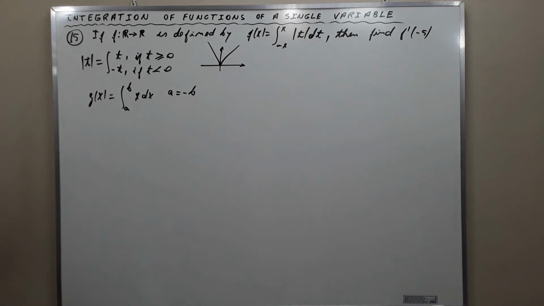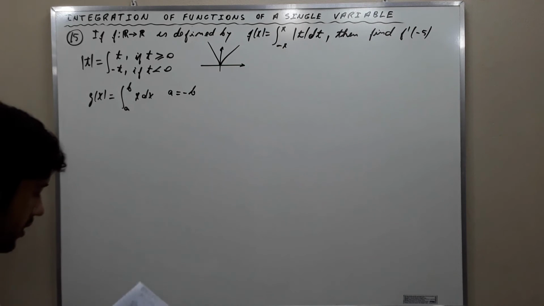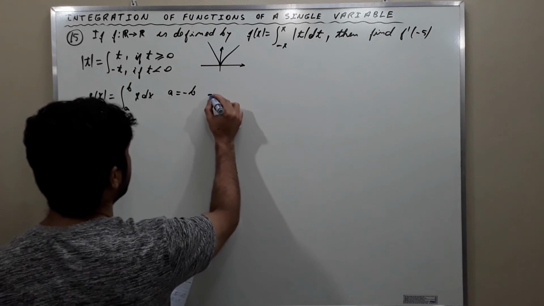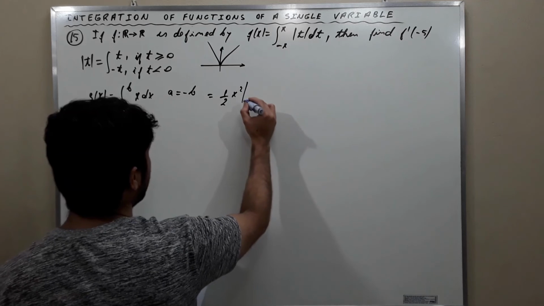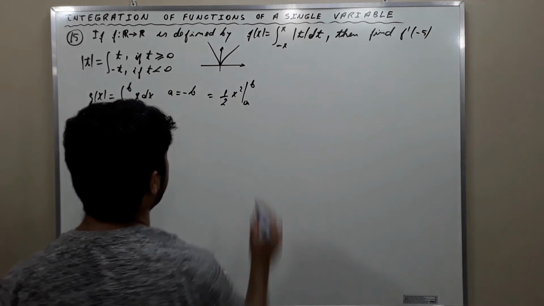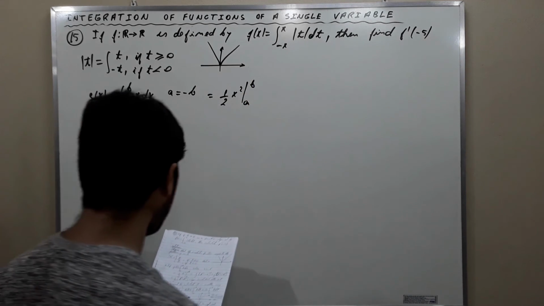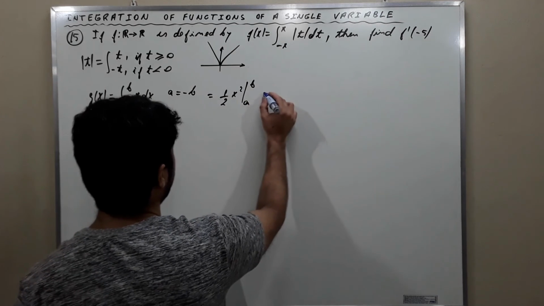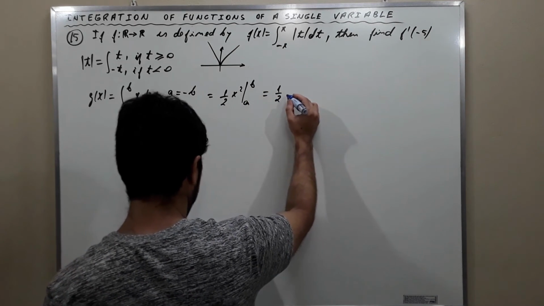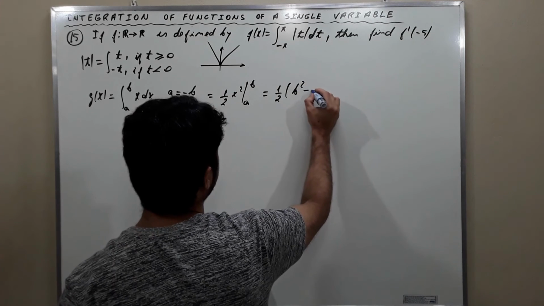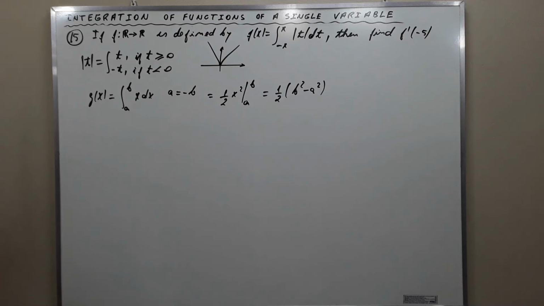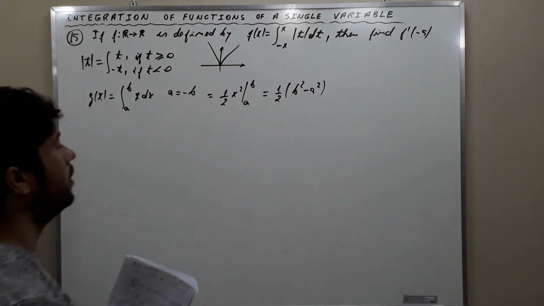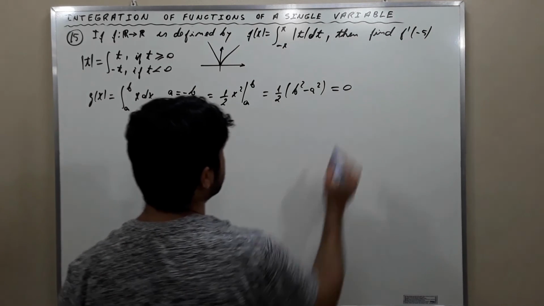Alright, we want to calculate this, and it is going to be equal to a half of x squared calculated from a to b, which is equal to a half of b squared minus a squared. If a is equal to the negative of b, it becomes 0.